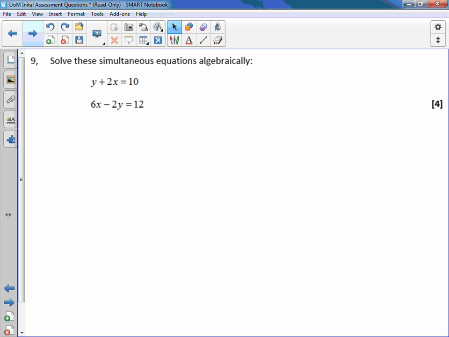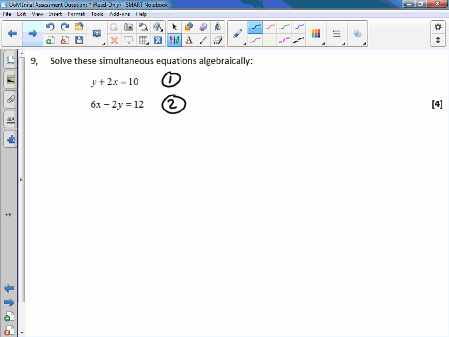Solve these simultaneous equations algebraically. So we've got various ways of doing it. Probably the easiest way of doing it is by elimination. So if I call this equation 1, call this equation 2, I need to somehow add or subtract some multiples of equations 1 and 2 so that I'm left with only one unknown.